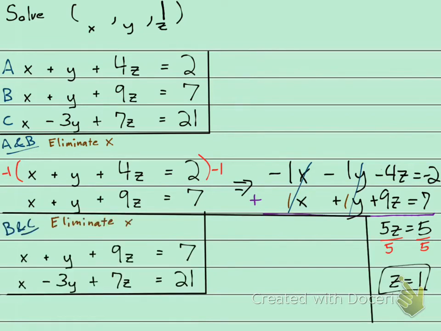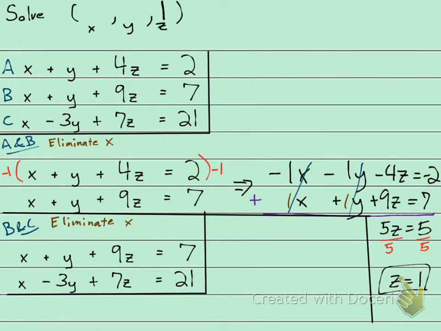Here's my B and my C, and I've decided to eliminate x again. Usually we try to eliminate the same variable. If I add them together right now, they're not going to reduce. I'd get 2x. So I want them to be opposites and cancel out.